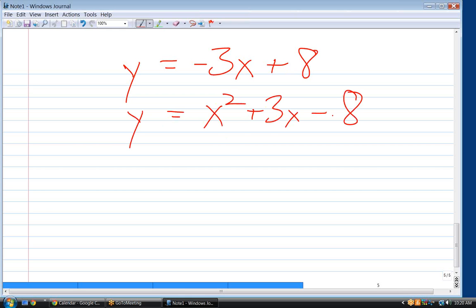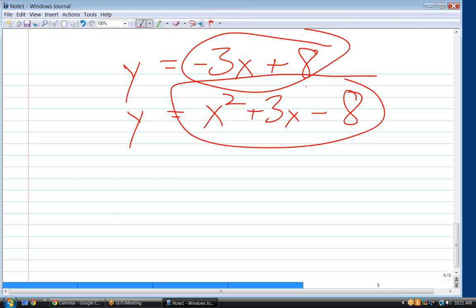How do we solve this? Can't you set them equal to each other? Yes, absolutely. If y equals that and y equals that, well, by the transitive property of algebra, this equals this. Because it's the same y.